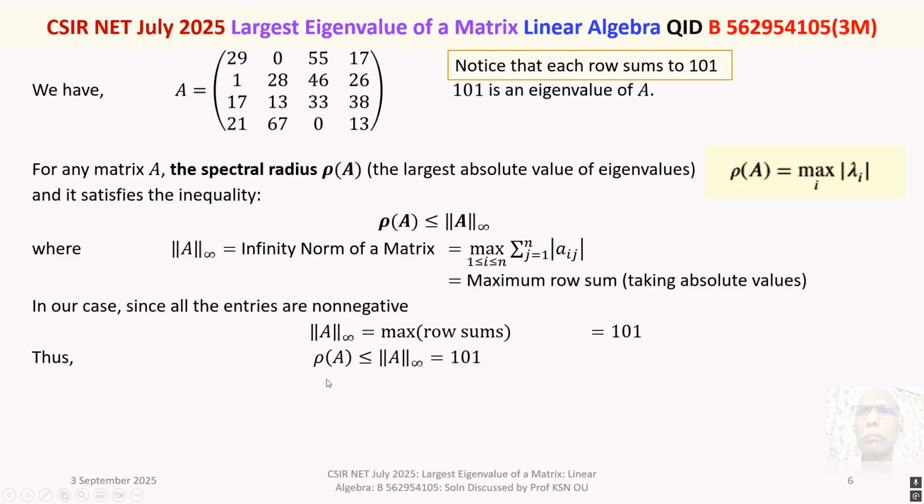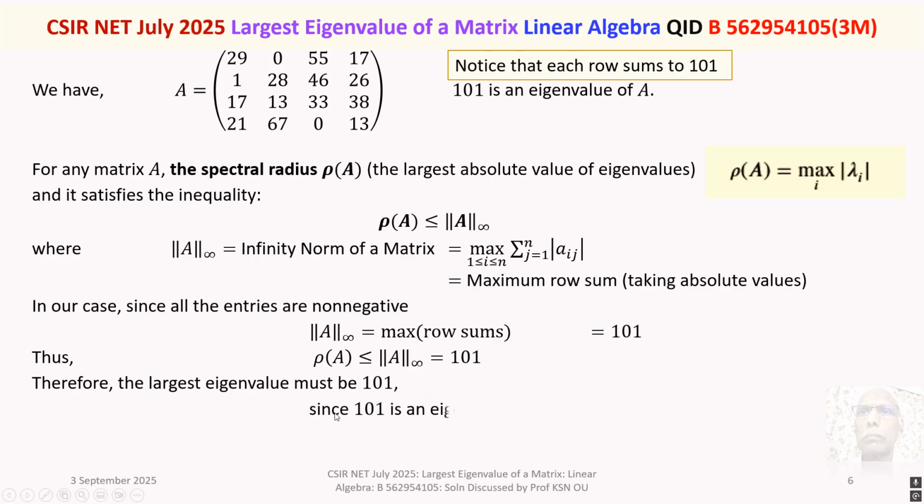Thus the spectral radius rho of A is less than or equal to the infinity norm of A, which is 101. That means rho of A is less than or equal to 101. What is rho of A? The largest absolute value of the eigenvalues. So the largest absolute value of the eigenvalues is less than or equal to 101. Therefore, the largest eigenvalue must be 101. Why?